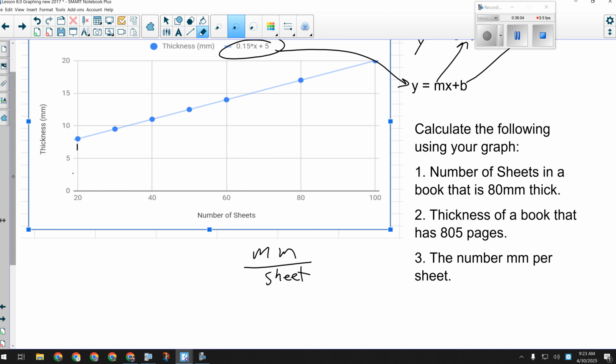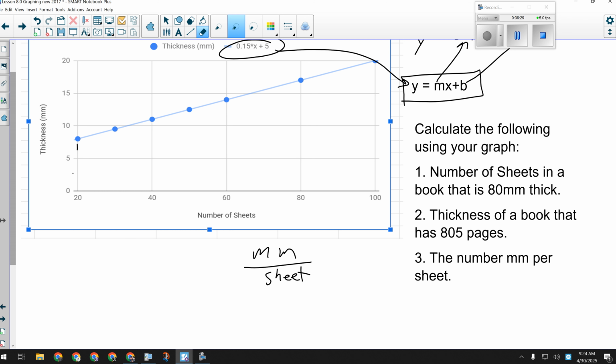We're going to use this equation to answer these three questions. I want to calculate the number of sheets in a book that is 80 millimeters thick. Now, number of sheets is on which axis?